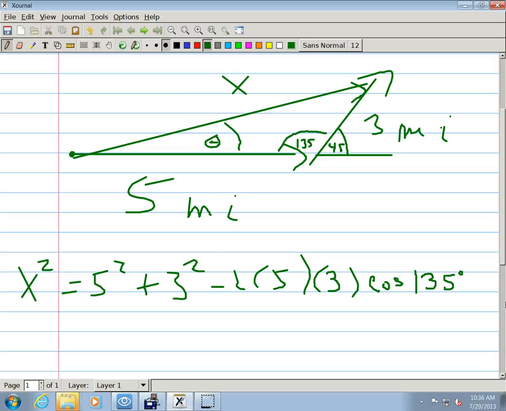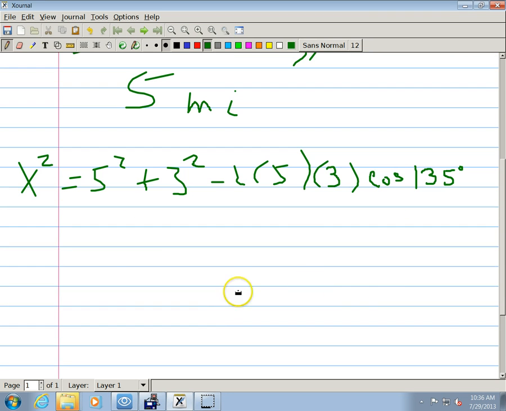The cosine of 90 is 0. But the cosine of 45, radical 2 over 2, right? Now remember, is it the x or the y coordinate of this point? It's the x. All right, so now give me this x coordinate over here. Same angle, but is it the same x? It's negative radical 2 over 2. Perfect. Okay. So let's write that out. So x squared is 25 plus 9 minus what, 30?